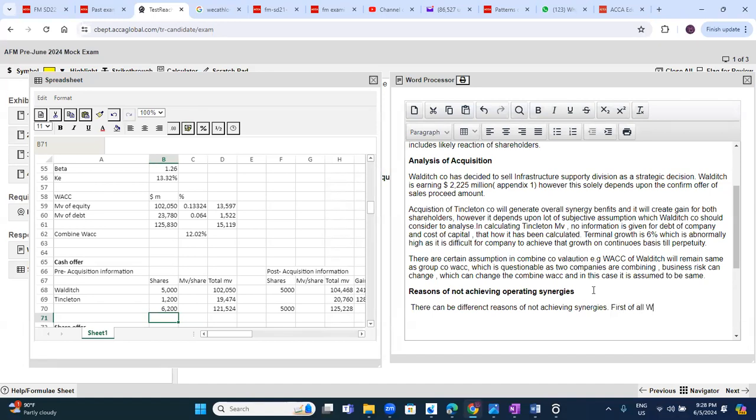First of all, W company should assess how these synergies are calculated, whether these are revenue based, cost based, or financial synergies. Okay. First of all, identify what are the reasons of synergies.